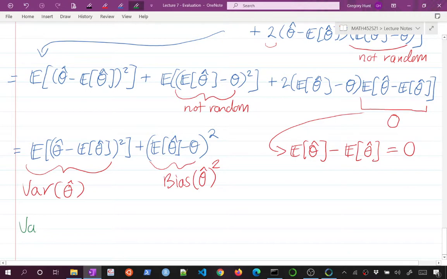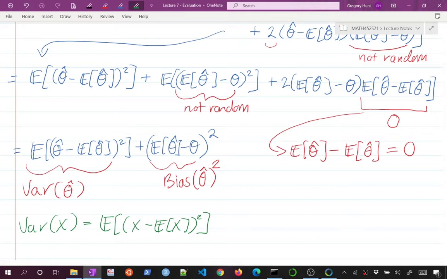Recall that the variance of a random variable x is the expected value of x minus its expectation, squared. If I replace x with theta hat, it's theta hat minus its expectation, quantity squared, expected value on the outside. So that is the variance term. And that's the proof. Done. QED.